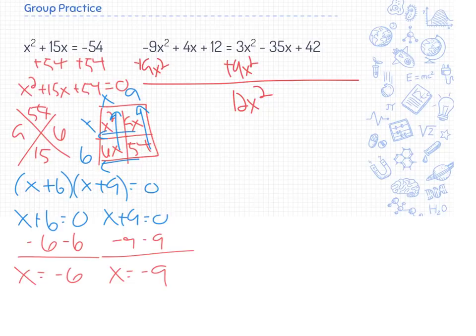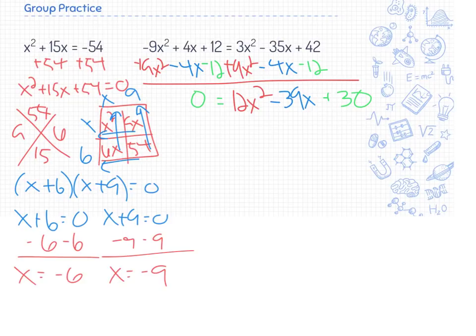So I'm going to subtract 4x, which then gives me a negative 39x. And then I'm going to subtract 12, which gives me a positive 30, and that is now equal to 0.